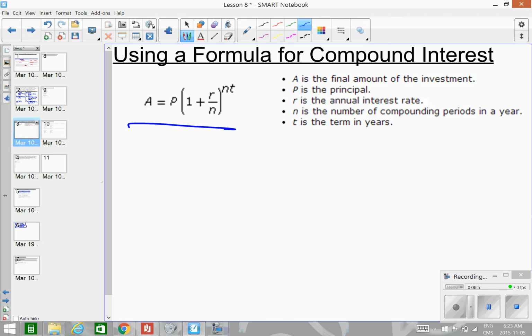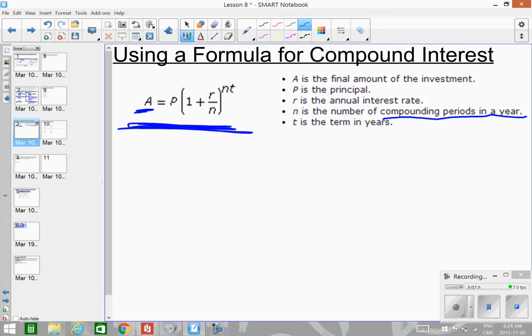We've got this fancy formula here. It looks scarier than it is. So where A is the final amount of the investment. That's how much it's going to be worth at the end. Now this is interest plus the principal. P is the principal, again. R is the annual interest rate, again. N is the number of compounding periods in a year.